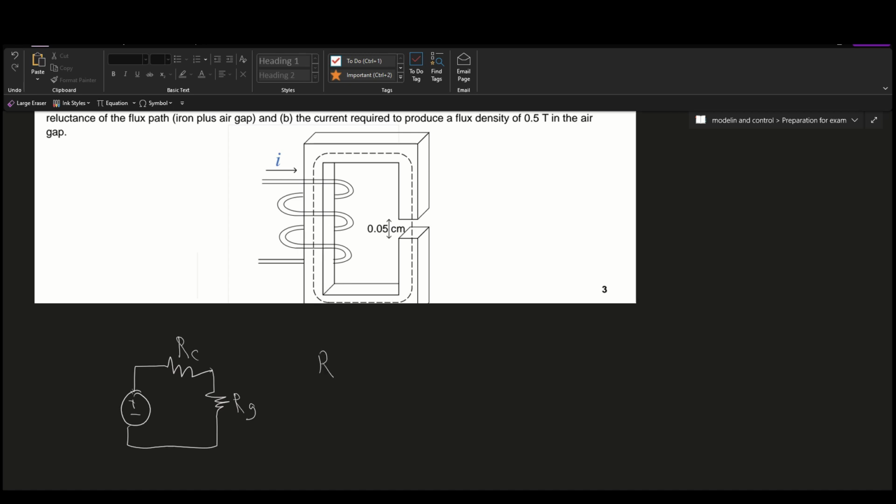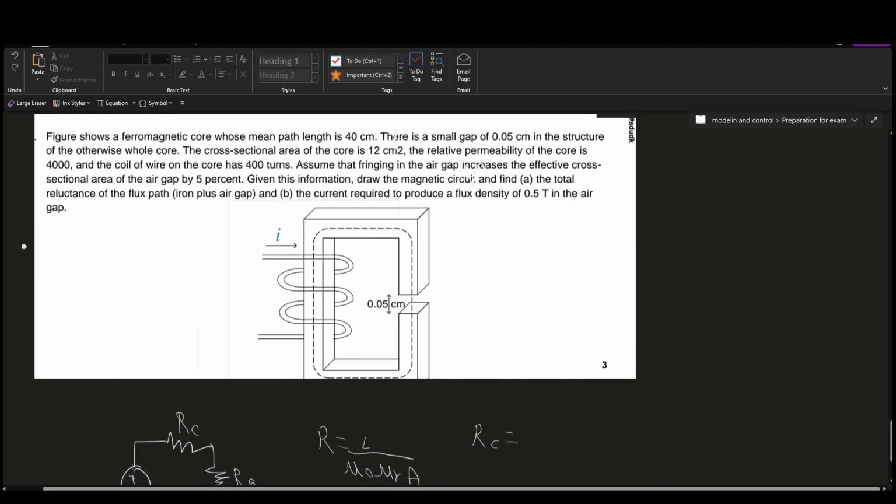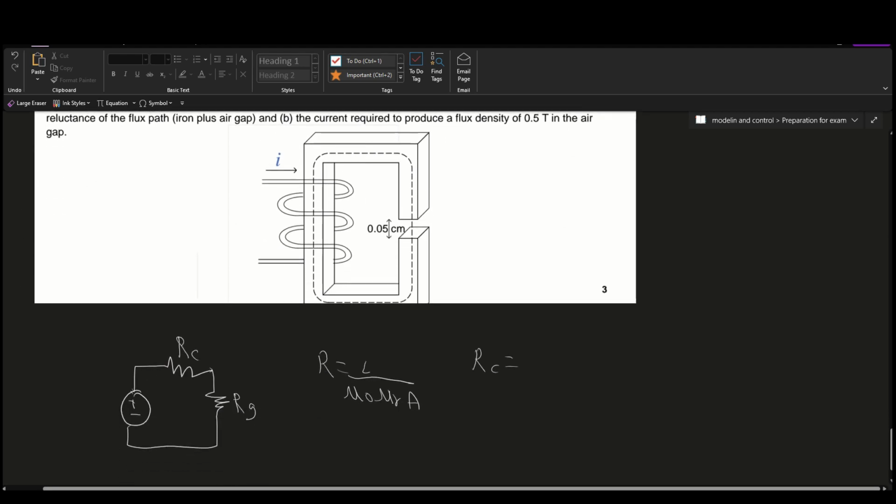So as we just saw, reluctance is the mean path over the permeability times the cross-sectional area. To calculate the reluctance of the core, we just need the path, that in this case is 40 centimeters.